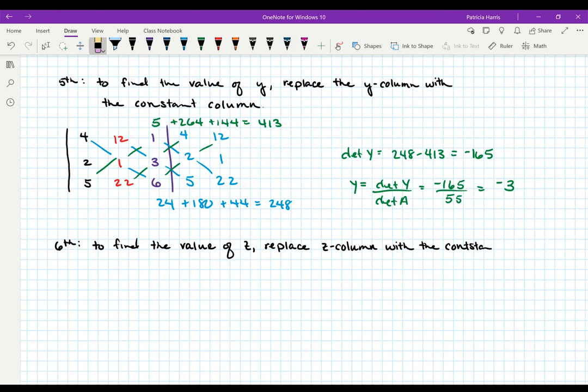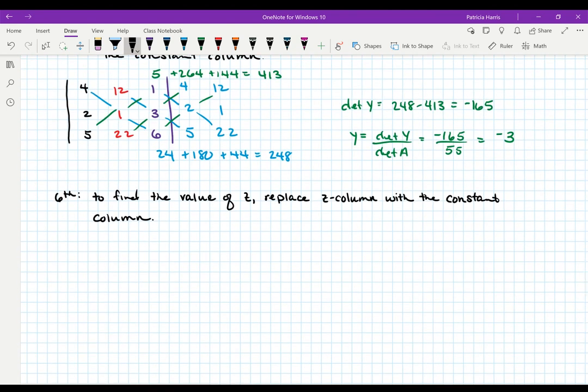Oops. Can't spell. Okay, here we go. So our x column and our y column come back.